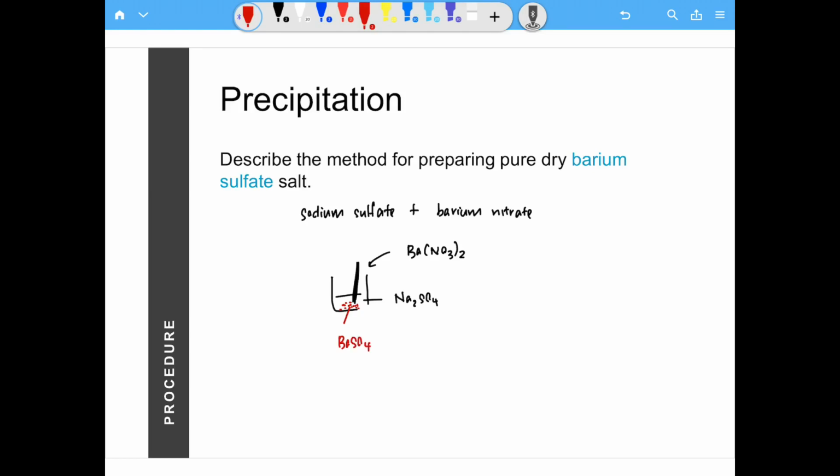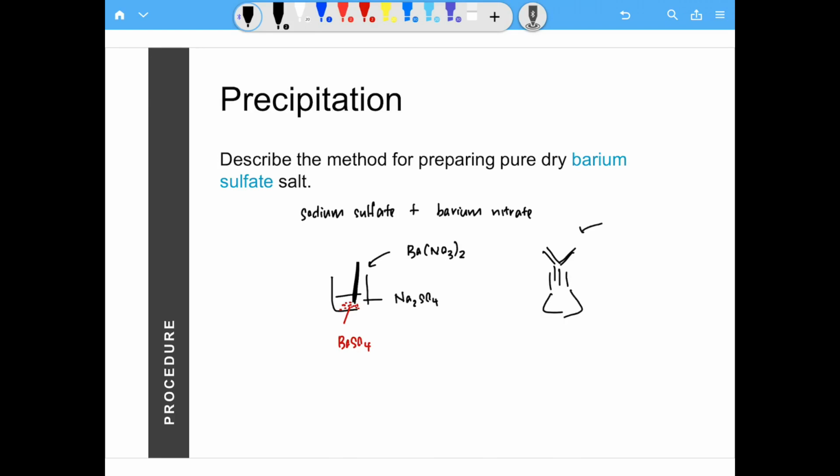Right now we have a mixture of an insoluble solid in a solution. So the ideal method for collecting the insoluble solid would be to perform a filtration.